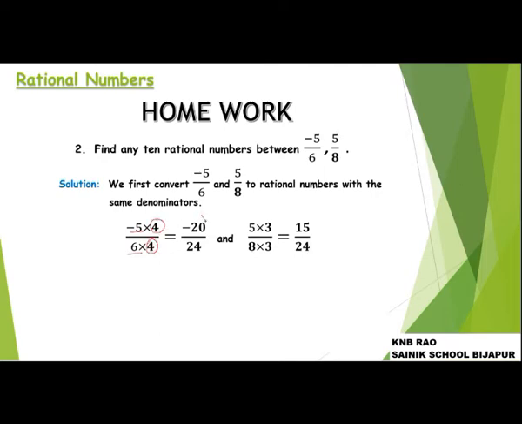Now -5/6 is equal to -20/24. Similarly, when we convert 5/8 to the denominator 24, we can do that by multiplying both numerator and denominator by 3. So now 5/8 is 15/24.